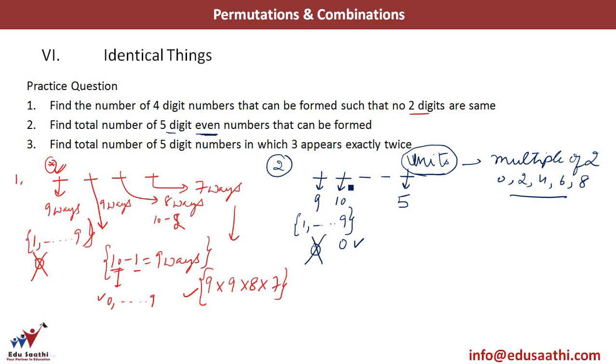Again here I'll have 10 ways, and here I will have 10 ways. So what are the total number of numbers that can be formed? 9 into 10 into 10 into 10 into 5, which is nothing but 45,000. Okay, so I hope this is clear.